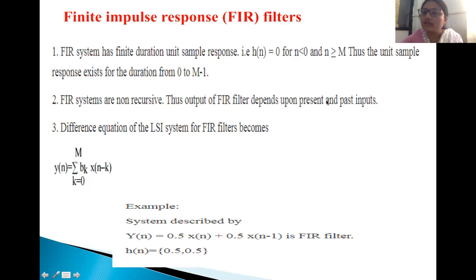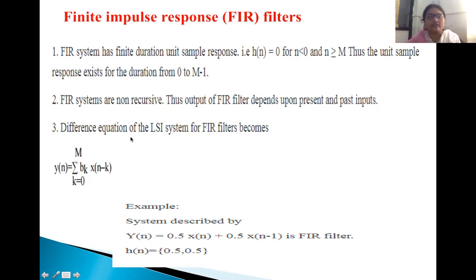As it is non-recursive, the output depends only on the input, which may be a past input or present input. It does not depend upon the past output. Therefore, the system is non-recursive.